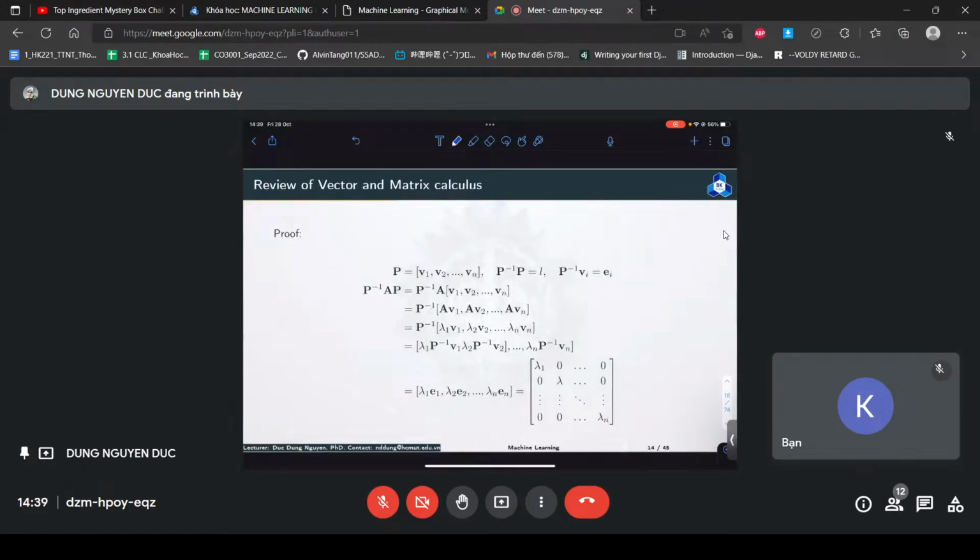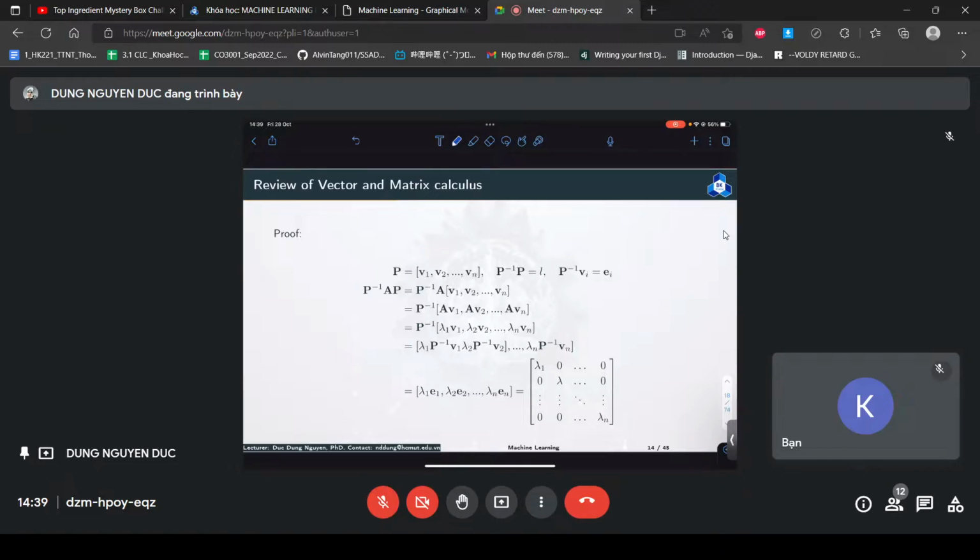Okay, and here is the proof. It's kind of a little bit complicated, but not so hard to get. So what you get here is that P inverse multiplied with AP equals the inverse of P multiplied with A and V, right?